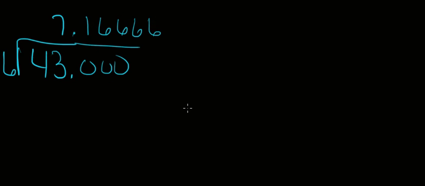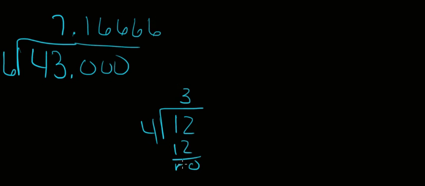So typically, when we divide something like 12 by 4, obviously 4 goes into 12 3 times. That's 12, so there's a remainder of 0. Whenever you have this remainder of 0, that's called a terminating decimal. I'll write that down. Sounds like a good test question.